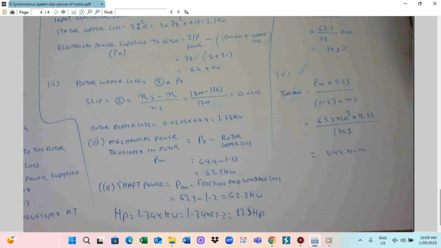Therefore we can calculate the active electrical power supply to the rotor. So this formula is the input power minus iron loss plus copper loss.